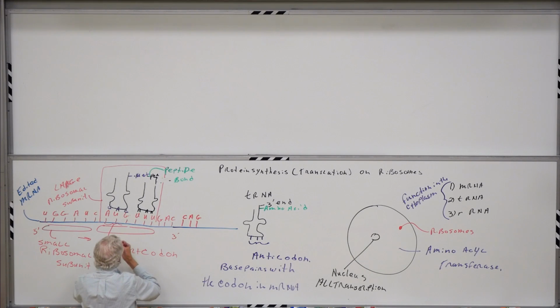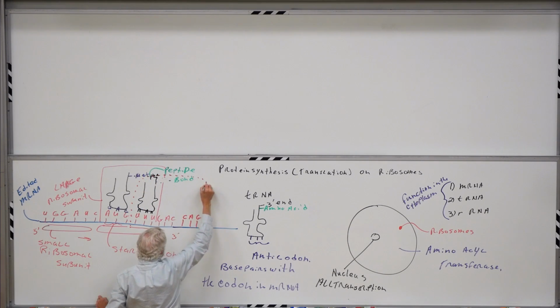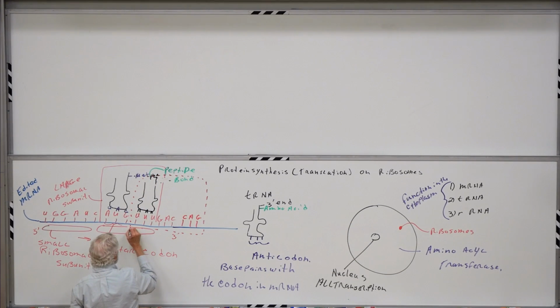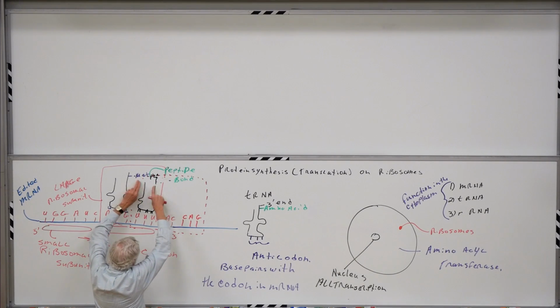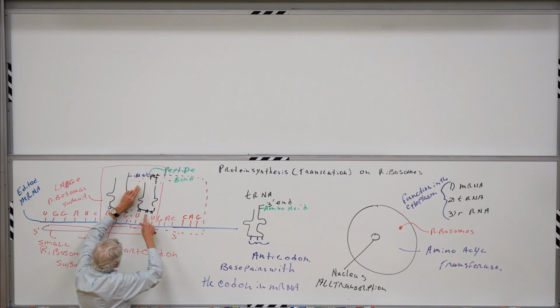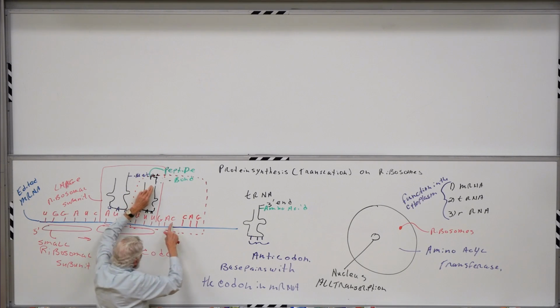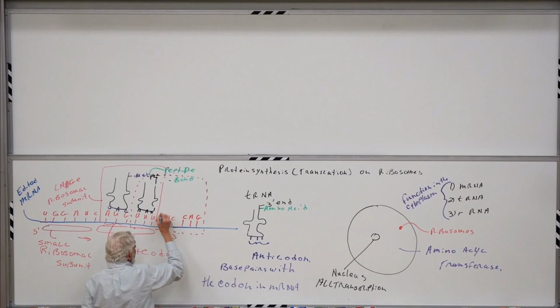I'll put this in sort of a dotted line. So now we have this growing polypeptide chain attached to the transfer RNA that was carrying the phenylalanine. Now, the GAC here is going to have an anticodon, and this anticodon will be CUG.